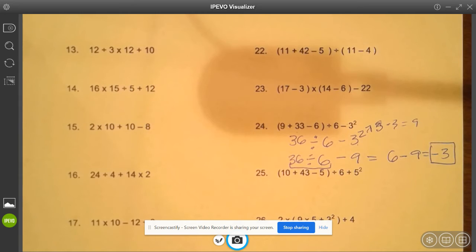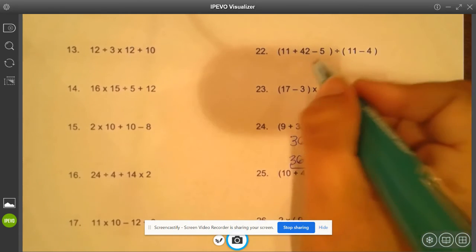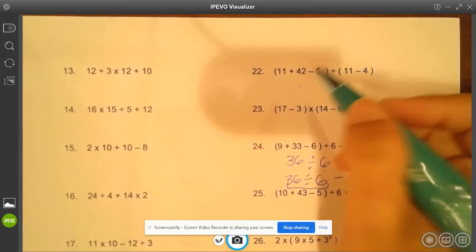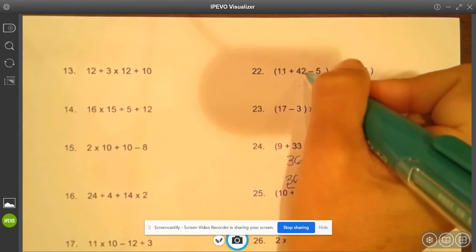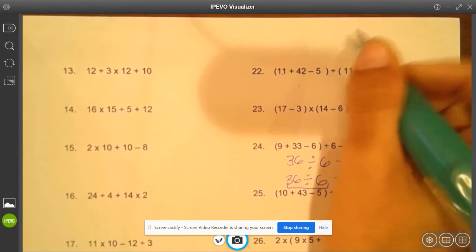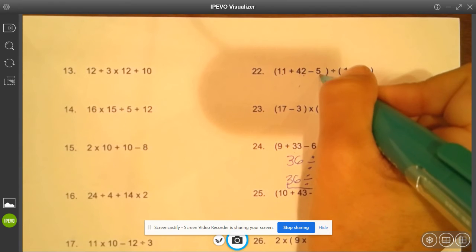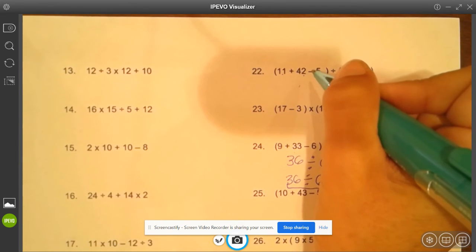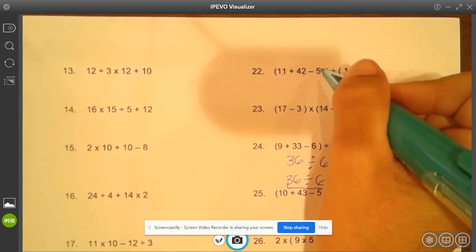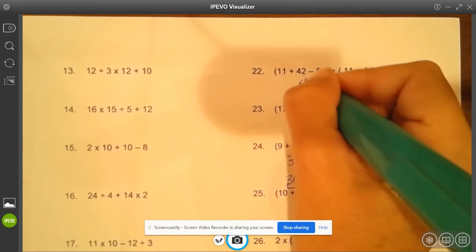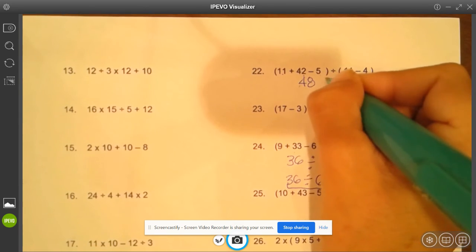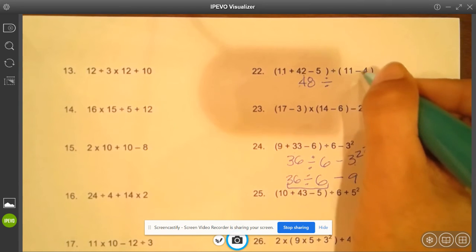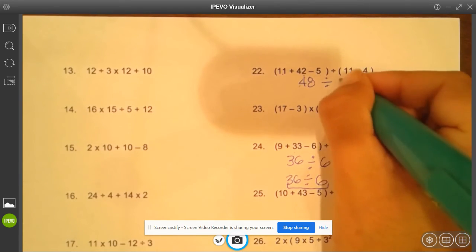All right. Okay, let's do something like number 22. You have two parentheses here. So we have 11 plus 4 times 2 minus 5. So 11. You can put that all in the calculator if you feel more comfortable. So that's 48. And then you have divided by whatever's inside the calculator. 11 minus 4, that is 7.